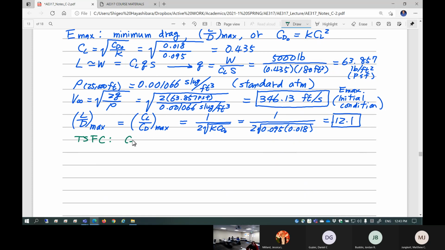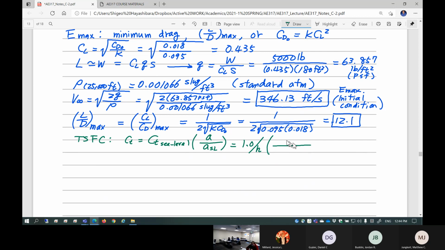So TSFC, CT, is equal to CT at sea level multiplied by the ratio of speed of sound. The TSFC at sea level is given as 1.0. The unit is inverse hour.